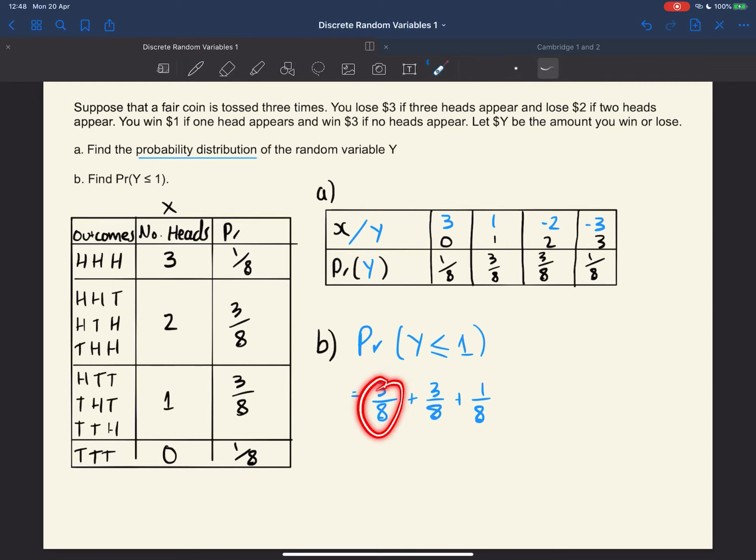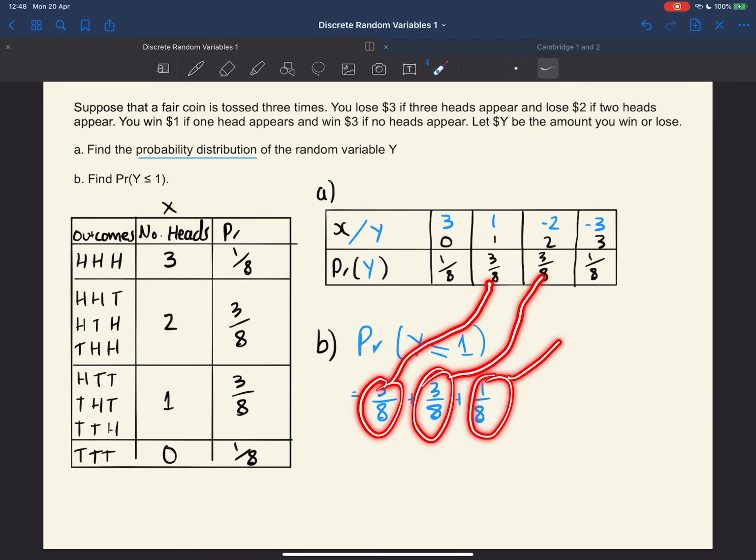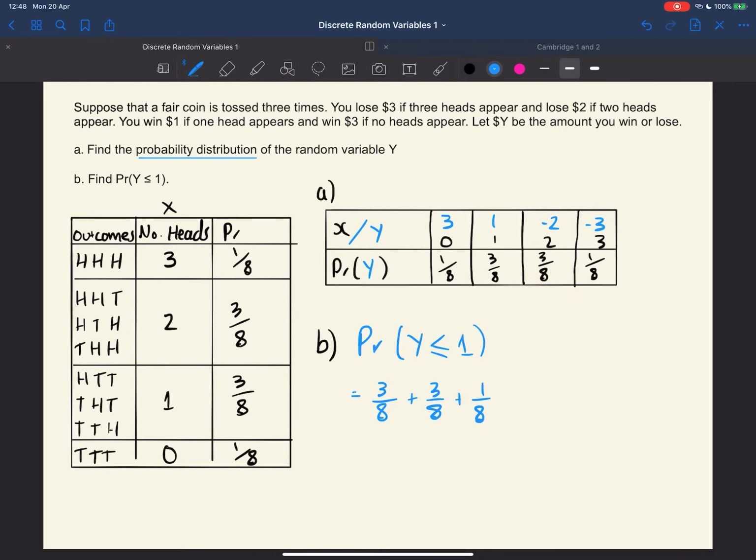Just so you're aware, that came from here, that came from here, and that came from here. If you add 3/8 to 3/8 to 1/8, you get 7/8. So the probability of winning or losing less than $1 is 7/8.